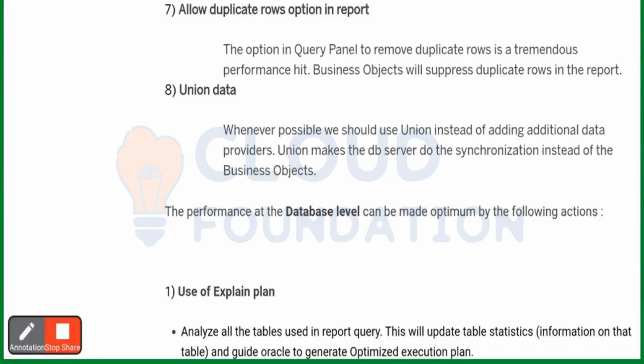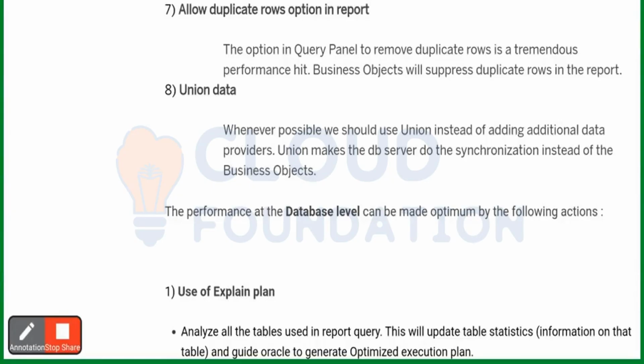And we can merge in our report. Instead of doing that, if we can create subqueries and do the union, it is better than adding one more data provider. Union makes a DB server do the synchronization instead of Business Objects. If you perform the union in the query panel, it will make the database server do the synchronization.